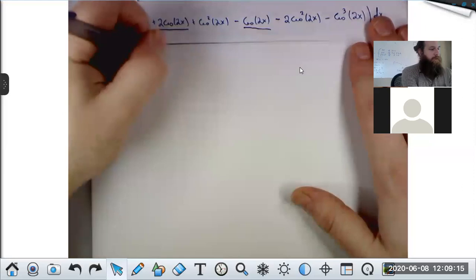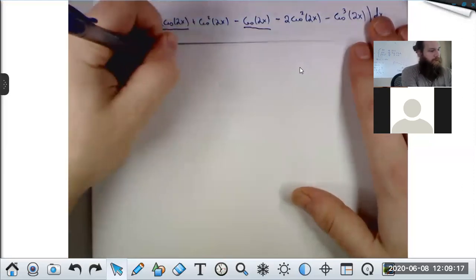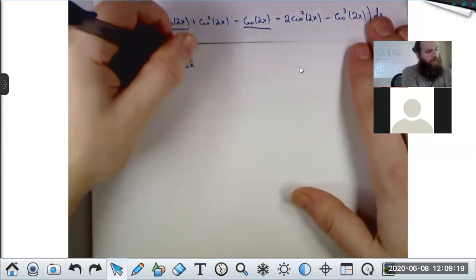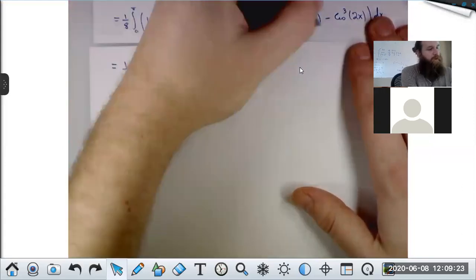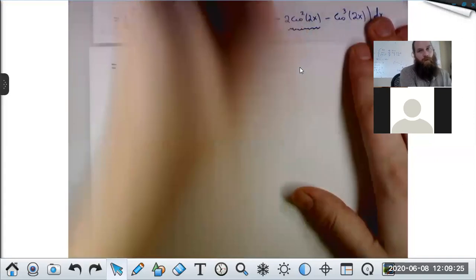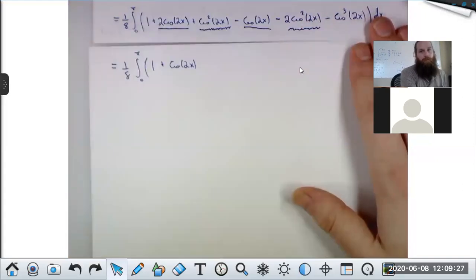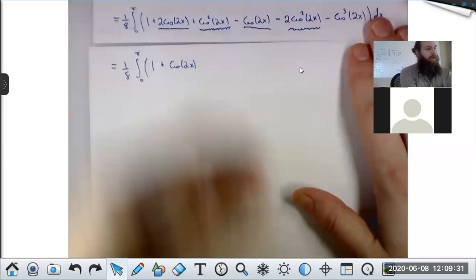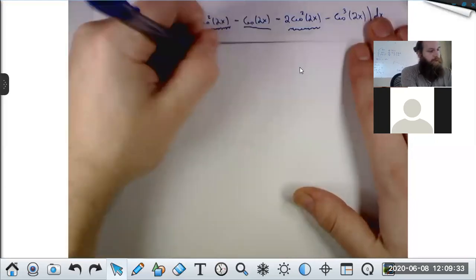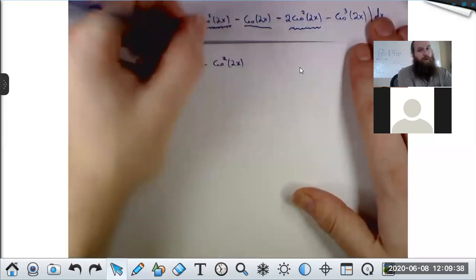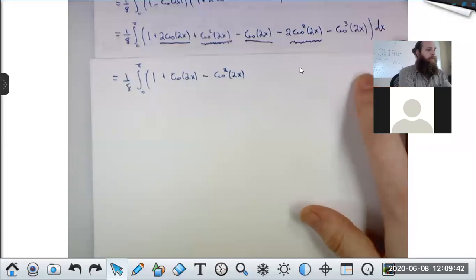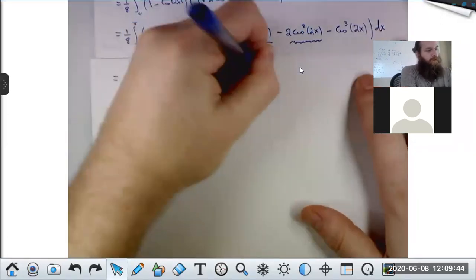So I'll have plus cos 2x. Then also these guys are like terms. Here I have one positive and two negative, so I'll have minus cos squared 2x. He's going to require a little more double angle, half angle stuff. And then I've got my minus cos cubed 2x.